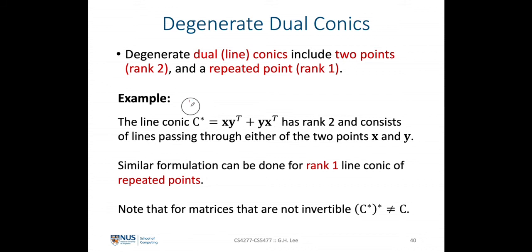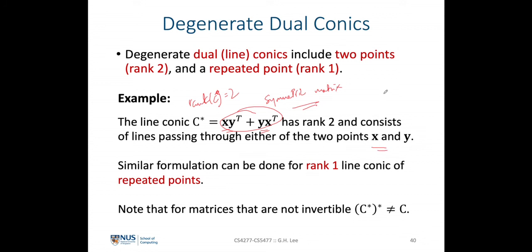This is of rank 2, which consists of 2 points formed in this way. The reason it has to be formed in this way is because C is a symmetrical square matrix. Formed this way, it ensures that the resulting C is a valid conic and that it has rank 2. And this dual conic consists of lines passing through either of the 2 points, x or y.